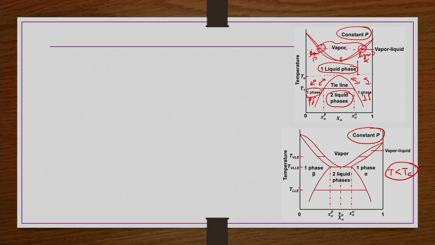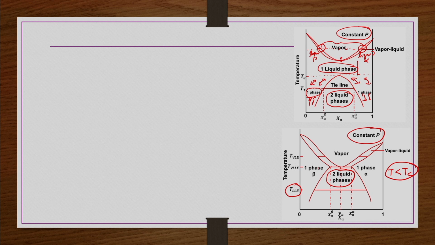So, again at the temperature T less than this, when the temperature is small enough, that is TLLE, then we can have a liquid-liquid behavior where two liquid phases are coexisting. If the temperature is large, that is TVLE, then there will be VLE existing.